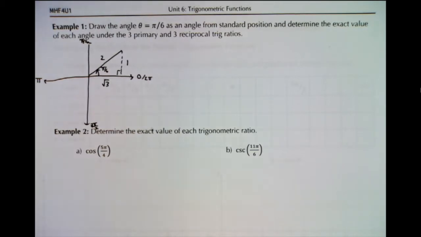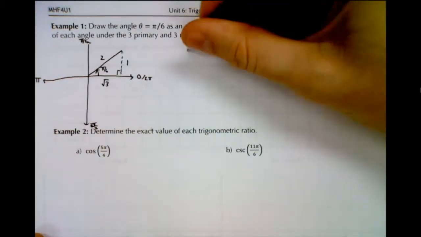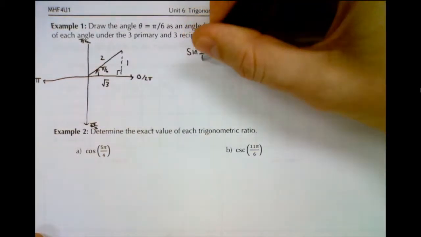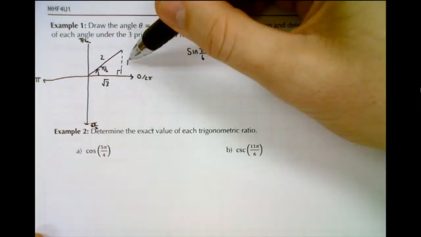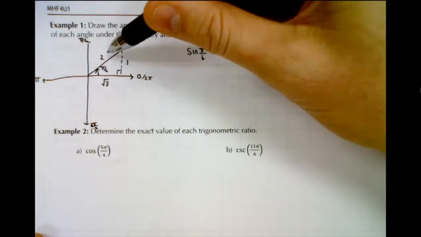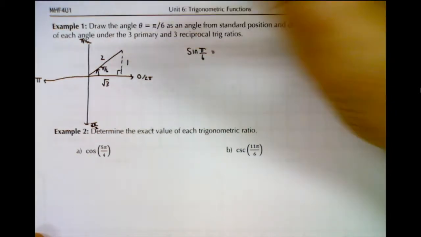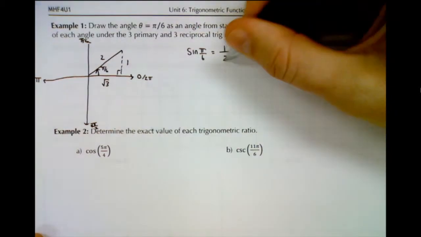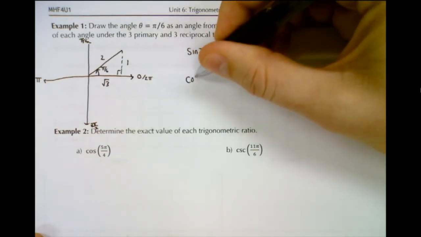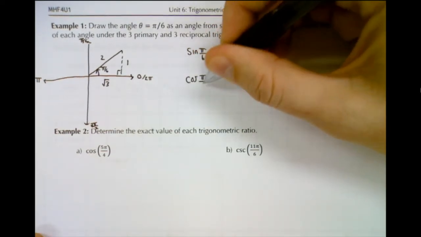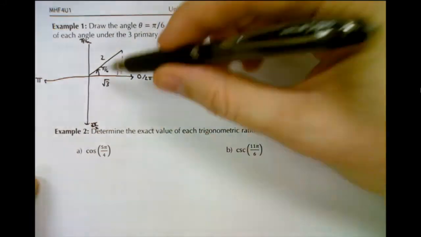So if we want our sine, cosine, tan, well, sine pi over 6 is opposite, which is your y, over hypotenuse, which is your r, so it's 1 over 2. Cosine pi over 6 is x over r, or adjacent over hypotenuse.